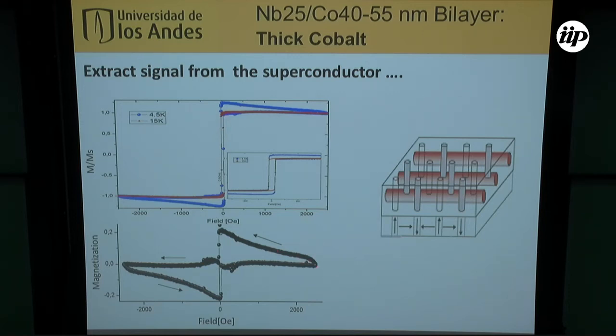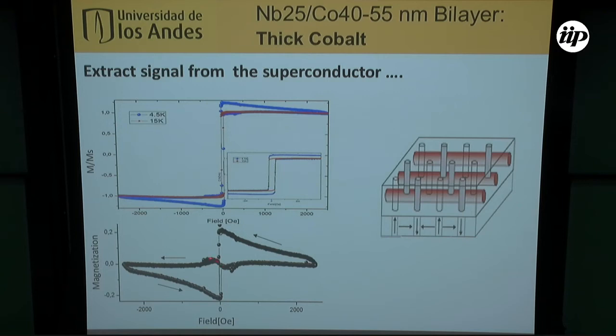So indeed, this can be explained. Basically, if we start here with a large field, we have lots of vortices in the plane, and then we reduce the magnetic field, and here you have the coercive field of the ferromagnet, and at the coercive field you inject a lot of vortices in the out-of-plane direction. This is fully penetrated by flux. Essentially, you have almost destroyed superconductivity, almost.